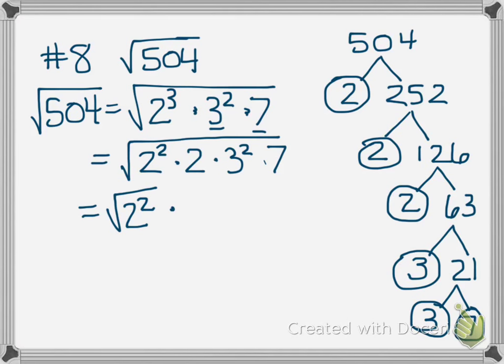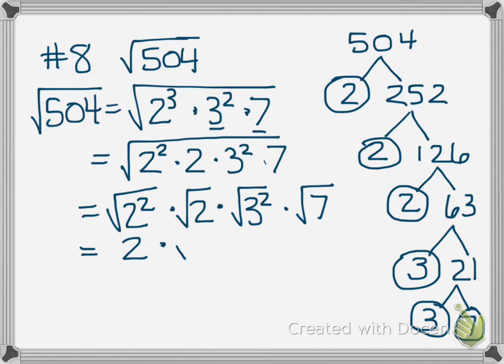Square root of 2 squared times the square root of 2 times the square root of 3 squared times the square root of 7. All right, so now I've got square root of 2 squared is 2. Square root of 2 stays alone. Square root of 3 squared is 3. And the square root of 7 is not simplifiable, so I'll rewrite that as square root of 7.